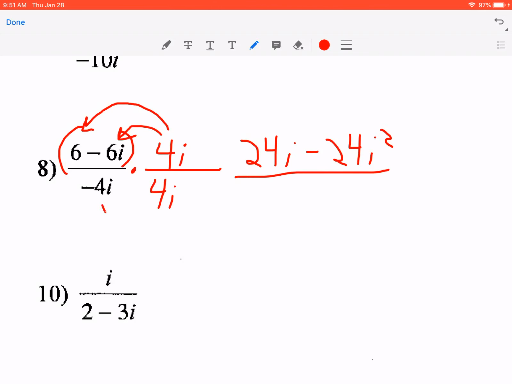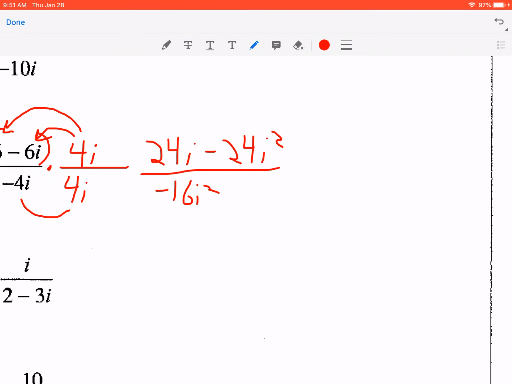And again, on the bottom, that's -16i squared. If you just want to go ahead and change that to positive 16, that's perfectly fine. Up top, that is a -1. So that's really 24i, -24 times a -1 is really plus 24.